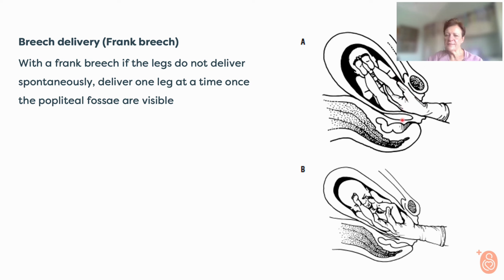The moment that the buttocks have been born, we put our fingers in the popliteal area of the knee and bend the knee so that we can get the leg out. Remember in what direction the knee bends. So don't try and bend the knee the other way around.